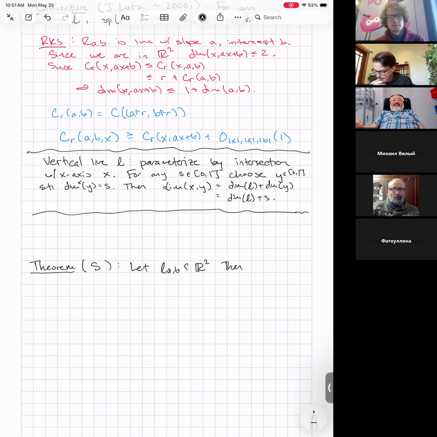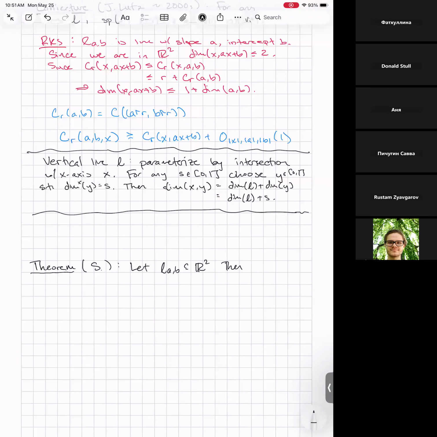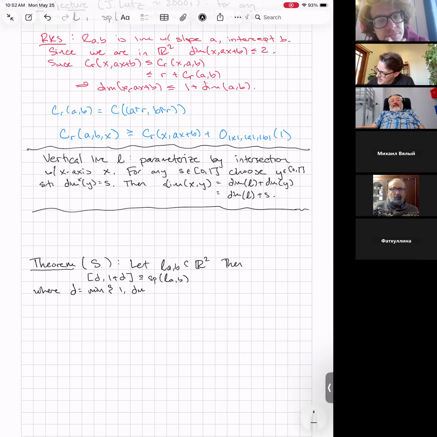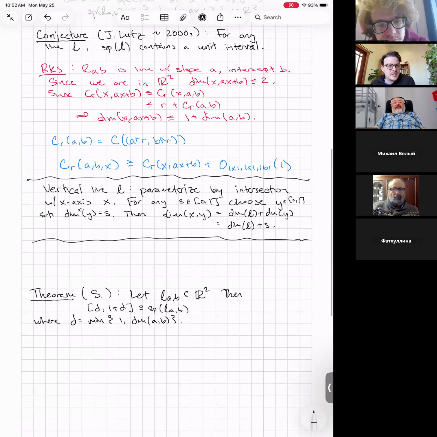So if I have a non-vertical line in R2, then we will show that the dimension spectrum contains the interval from d to 1 plus d, where d is equal to the minimum of 1 and the dimension of the line.